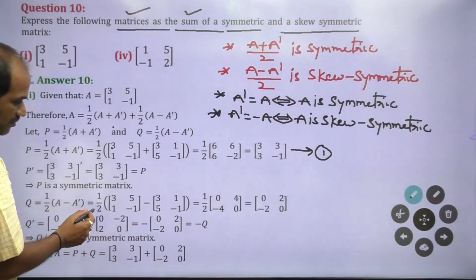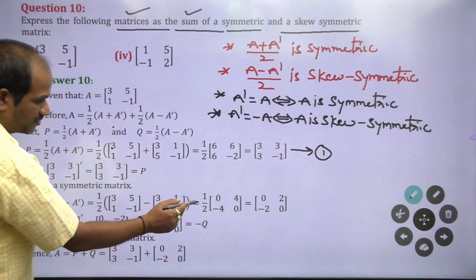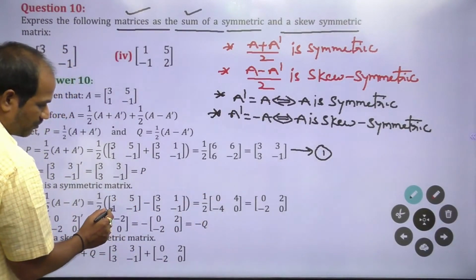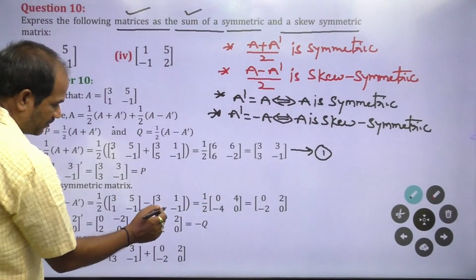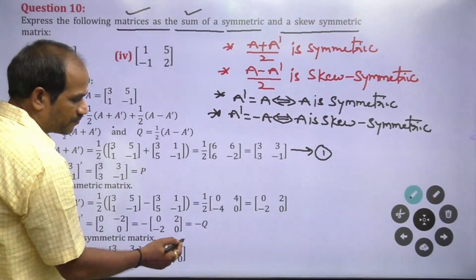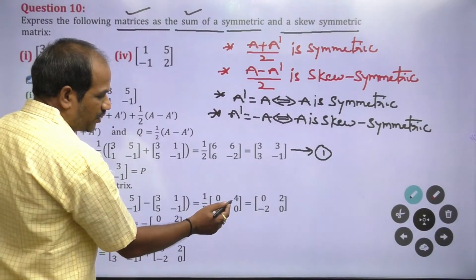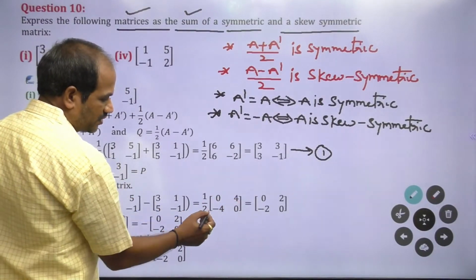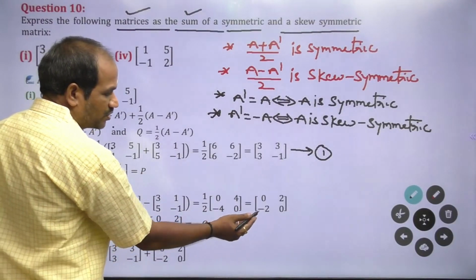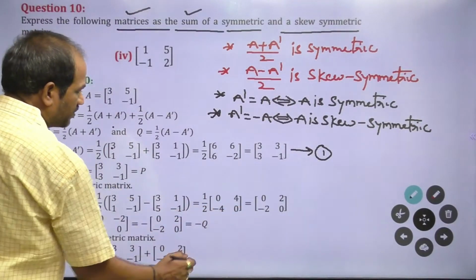Subtraction: 3 minus 3 is 0, 5 minus 1 is 4, 1 minus 5 is minus 4, and minus 1 minus minus 1 is 0. Multiplying by 1 by 2: 0, 1 by 2 into 4 is 2, 1 by 2 into minus 4 is minus 2, and 0. This matrix is Q.